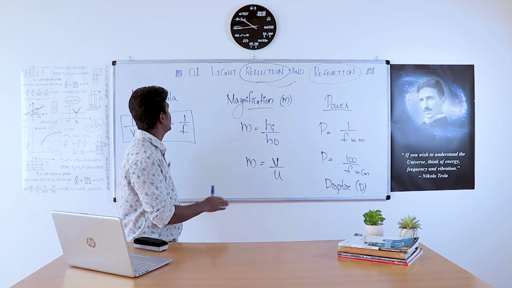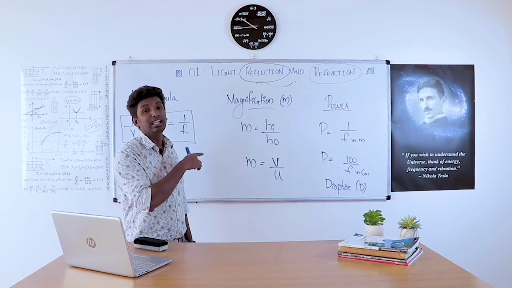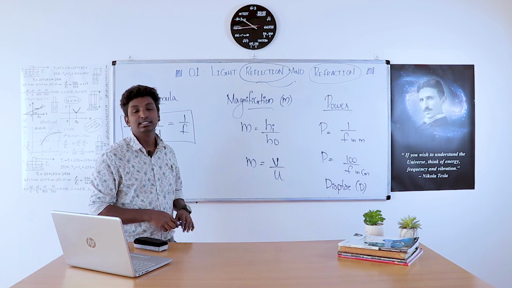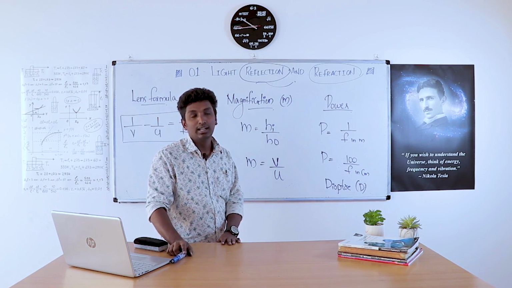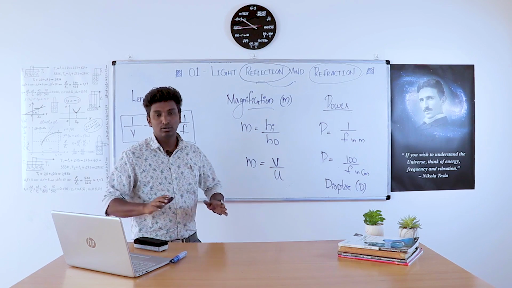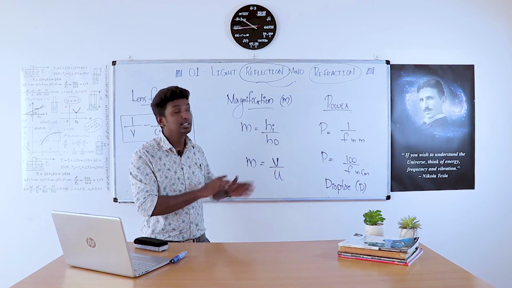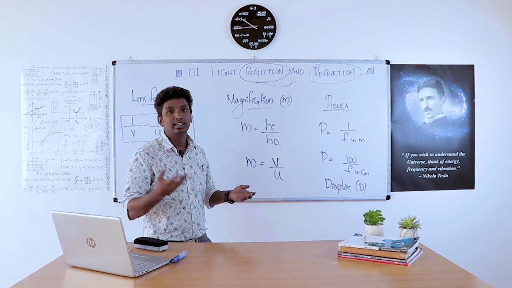Then image formation by convex lens and concave lens. Then lens formula, magnification and power of a lens. That's all in this chapter. Study well and you can score almost all the questions in this chapter when you study all these topics. The only remaining thing is the problems, which we can discuss in another section.